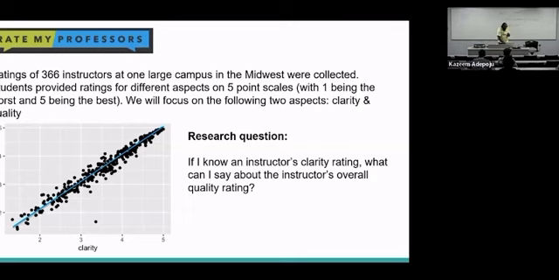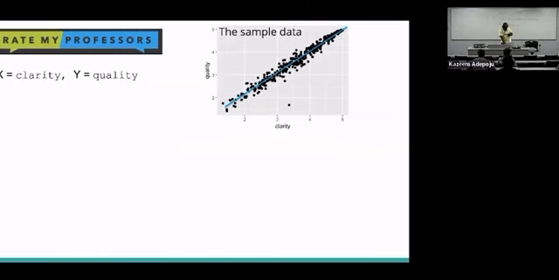And as you can see, that relationship is more or less a straight line. Now, we actually want to do labeling. Since we want to predict quality using information on clarity, we're going to call clarity X and quality Y.